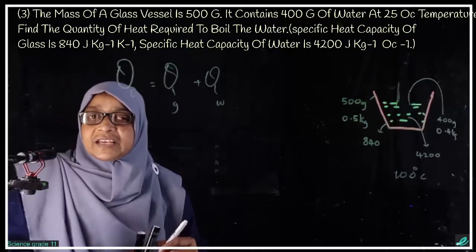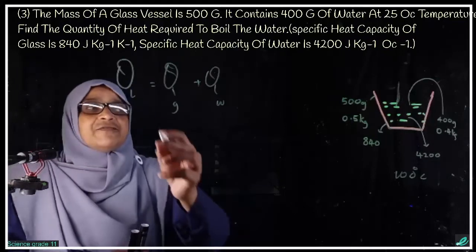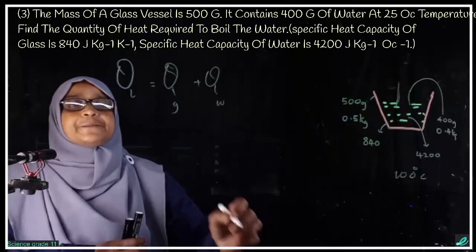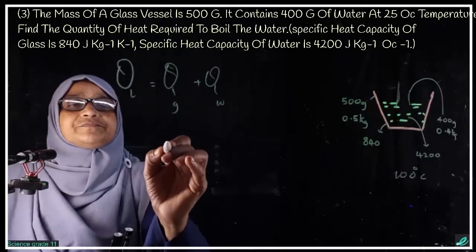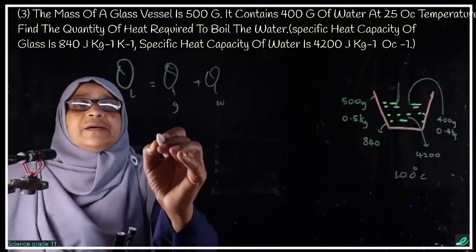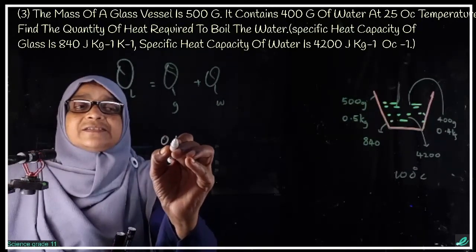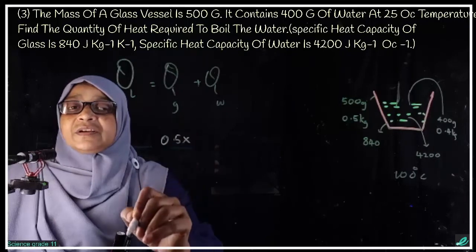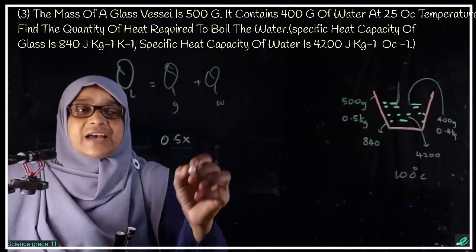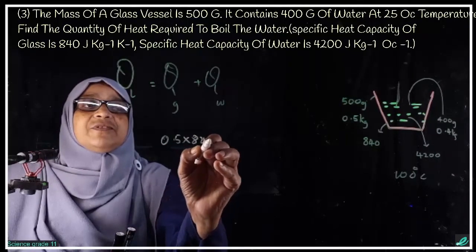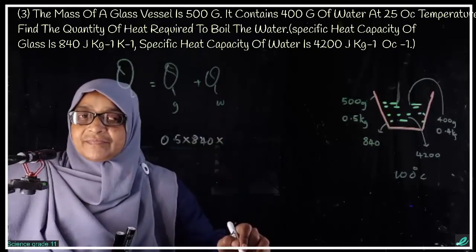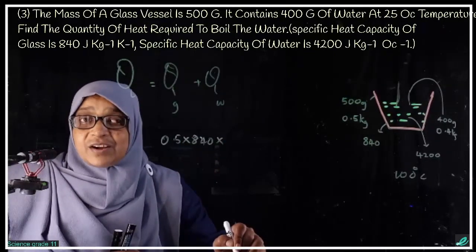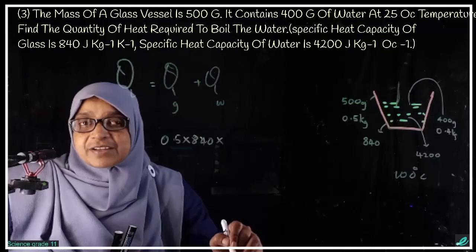Now we apply this. Q is equal to mc theta for the glass first. Then the mass of glass is 0.5. Specific heat capacity of glass is 840. What is theta? What is the temperature difference?